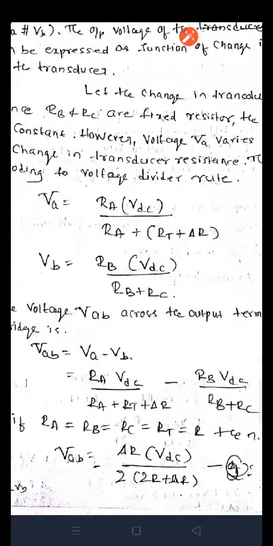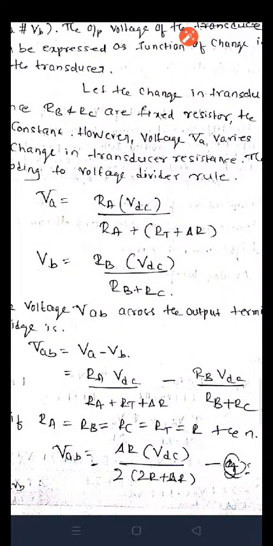Substituting the value of VA, that is RA into VDC divided by RA plus RT plus delta R, and VB, RB into VDC divided by RB plus RC, we can find the voltage across AB, that is VA minus VB.